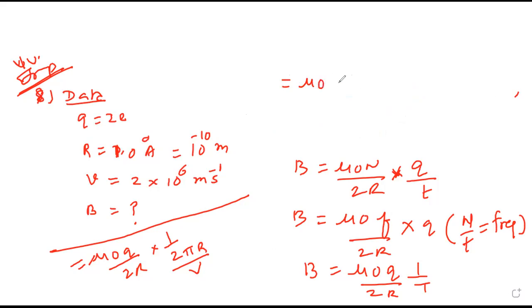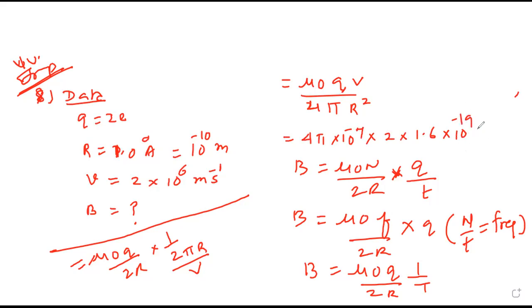This is mu naught QV upon 4 pi r square. So 4 pi into 10 raised to minus 7. Charge is 2 into electron charge, 1.6 into 10 raised to minus 19.